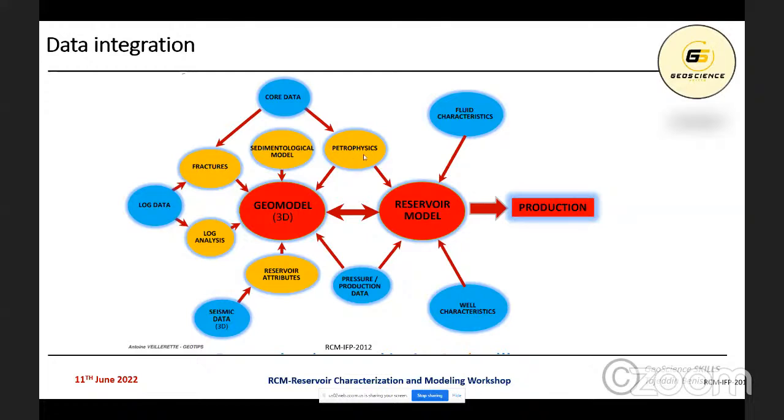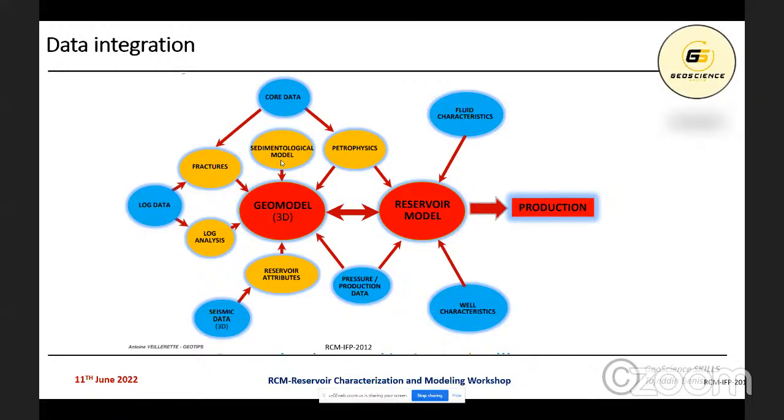We have the petrophysics from the core data. We have the sedimentological model that we talked about earlier, provided by the sedimentologist. Fractures will be provided by the geophysicist, or also by the sedimentologist if we can spot these fractures from core. We have the log interpretation from the log analyst.